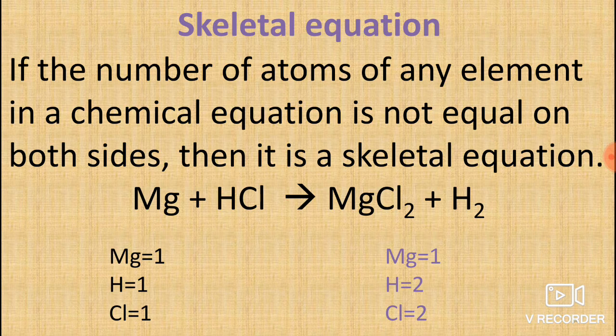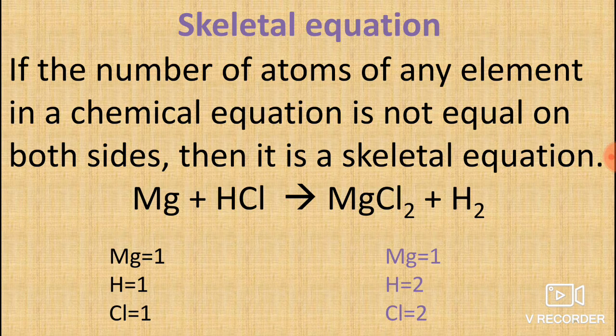See the example. Magnesium reacts with hydrochloric acid, and you get magnesium chloride and it evolves hydrogen gas. See the left hand side: one magnesium, one hydrogen and one chlorine. And the right hand side: one magnesium, two chlorine and two hydrogen. Left hand side one magnesium and right hand side one magnesium.